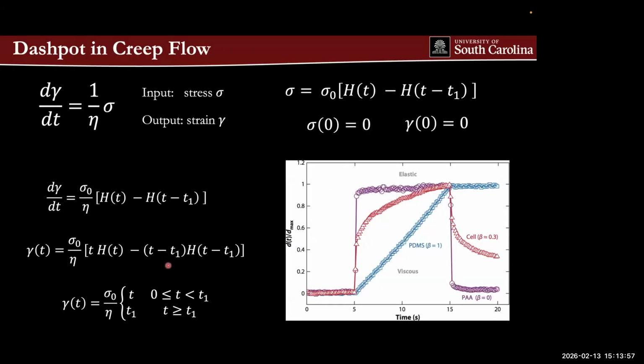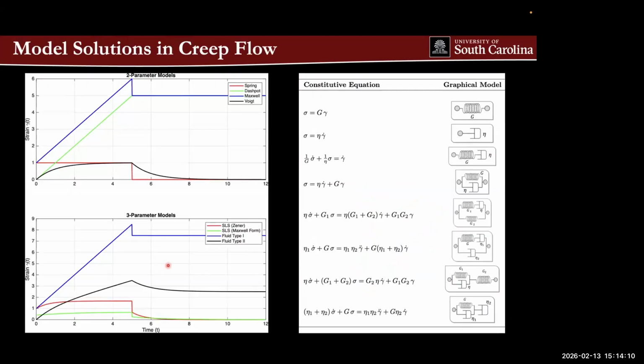So one way in which I do that in class is to simply solve this for a creep flow, for any of the models. Sometimes I ask them to create the models themselves and then solve them for creep flow. Another way that I use it in class is I give them what I call, quote unquote, experimental data and tell them that they should match the graphs with the models, right?